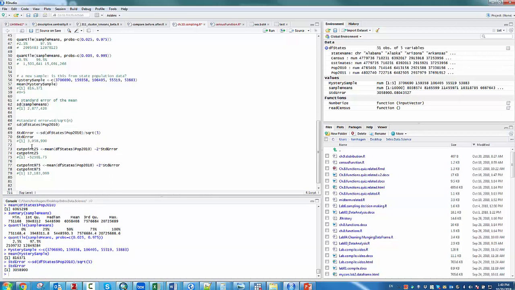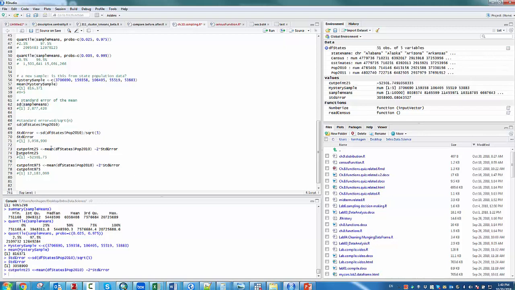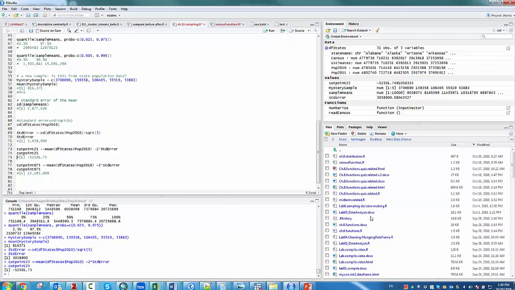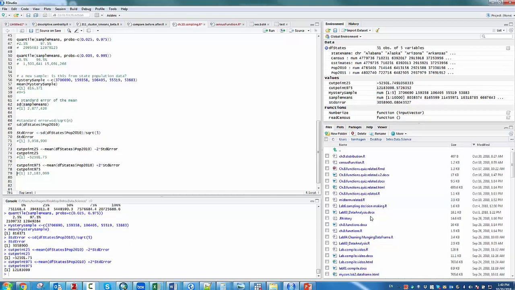And then based on that, you can calculate a cut point. So cut point is the mean of the value plus or minus 2 standard errors. So that's how you calculate it. The cut point lower bound is minus 52,000 and the upper bound is 12 million.